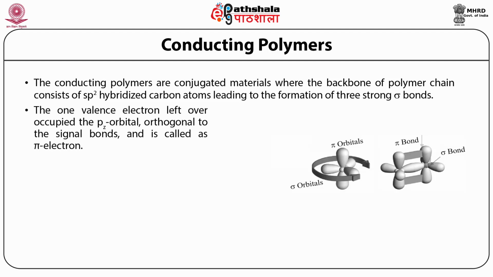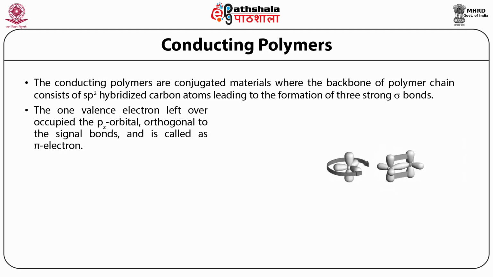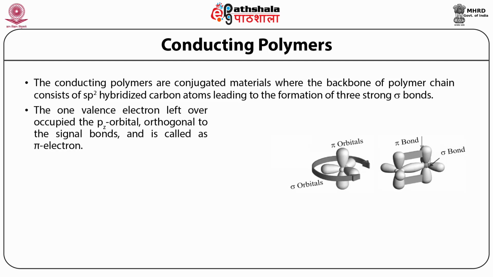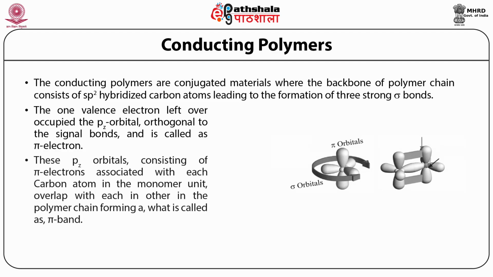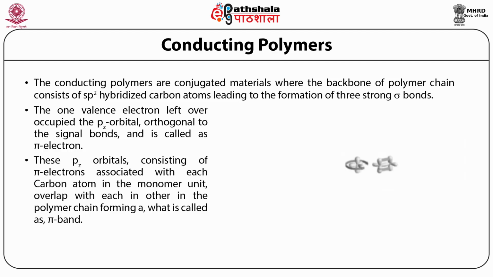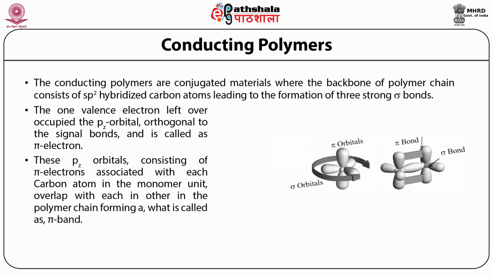The one valence electron left over occupies the pz orbital orthogonal to the sigma bonds and is called a pi electron. These pz orbitals consisting of pi electrons associated with each carbon atom in the monomer unit overlap with each other in the polymer chain, forming a bond known as a pi bond, which is shown in the figure below.